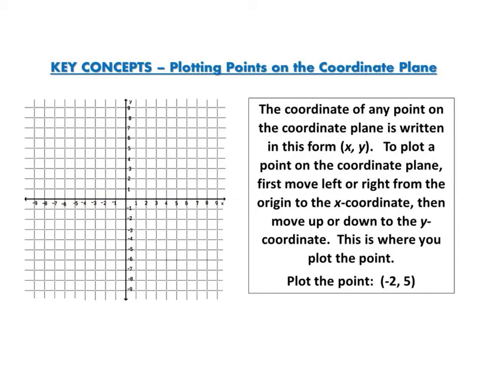So, if you were asked to plot the point -2, 5, you would start at 0 and go to -2, and then go up to +5, and that point would be right there. So go left or right first, and then up or down to the y value. This point is -2, 5.